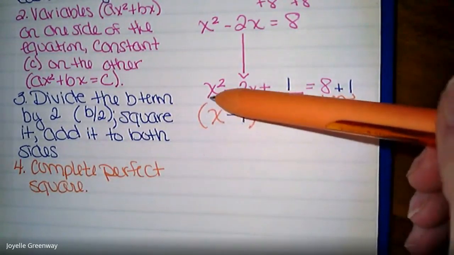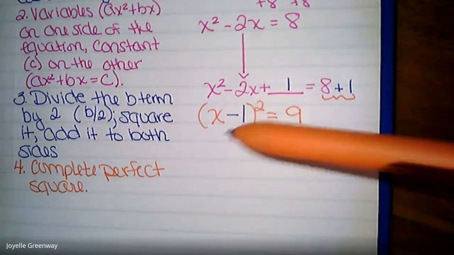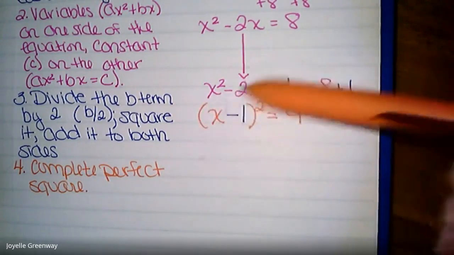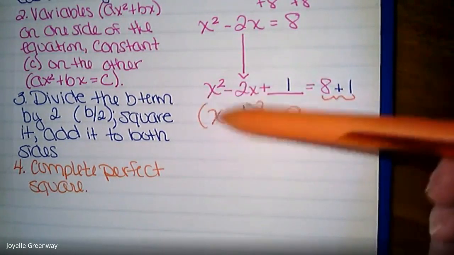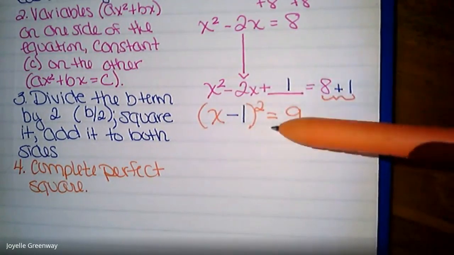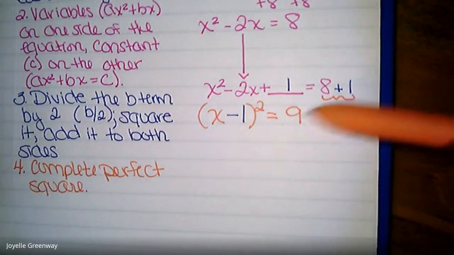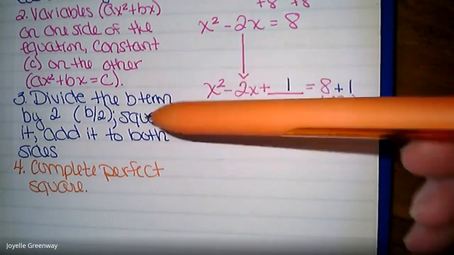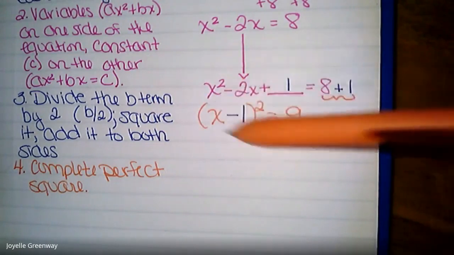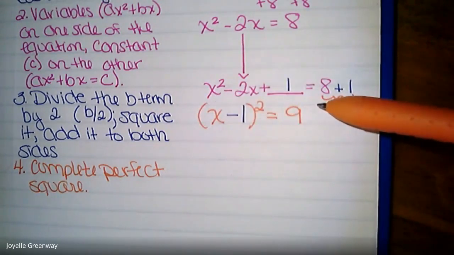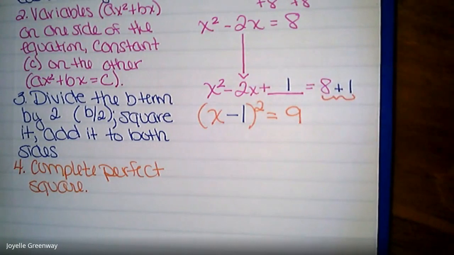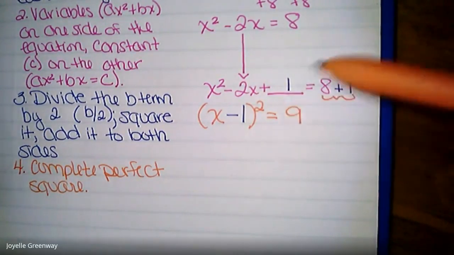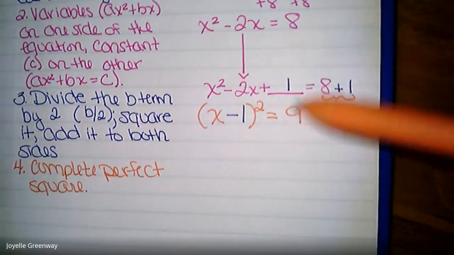So we just do that all the time, because when you complete the square, it will come out perfectly, a perfect square, because we just did it, right? So quantity x minus 1 squared equals this side simplified, which is 9. Okay? So this is the hardest part for students to understand about completing the square, especially when you're dealing with fractions, because right now we have nice, easy numbers to work with.